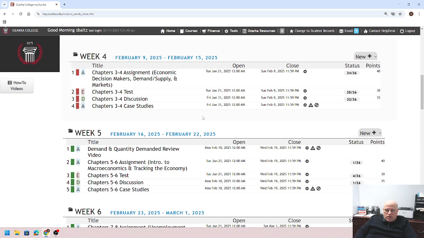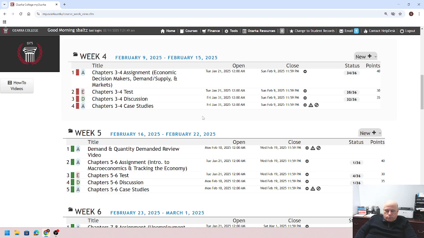And then in chapter 6, we're going to learn about some other very important macroeconomic concepts, such as the different ways that we can track the U.S. economy. There's something called the expenditure approach and the income approach. And so you'll learn about each of those ways that we can measure economic activity.